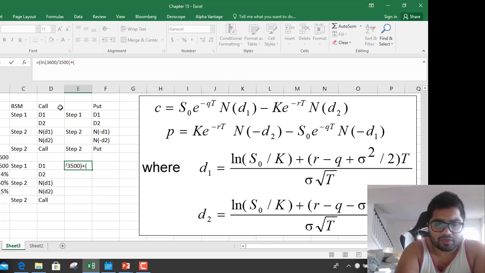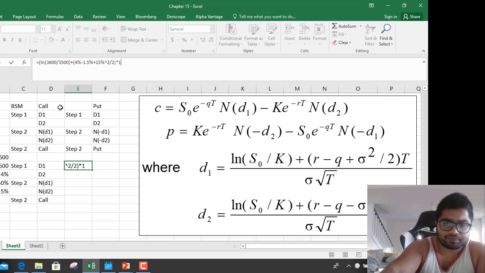R minus Q. R is risk-free rate 4%, minus Q is 1.5%, and again plus sigma square, so 15% squared by 2, and times T, that is 1.